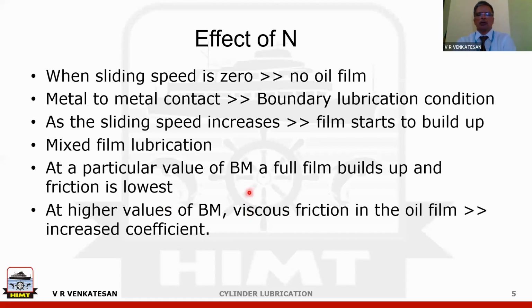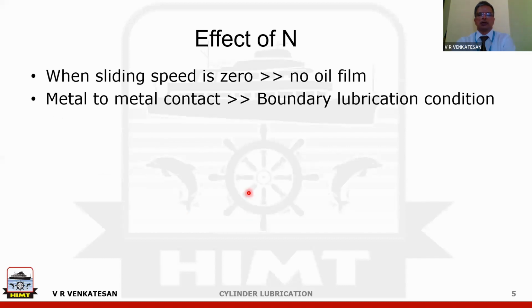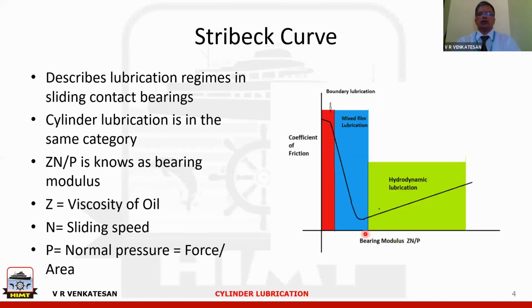So if you go back to the previous sketch, it will be like this. There is no movement at all. So there is no oil film and you get direct metal to metal contact. And whatever is the friction due to that, you will get at this point.